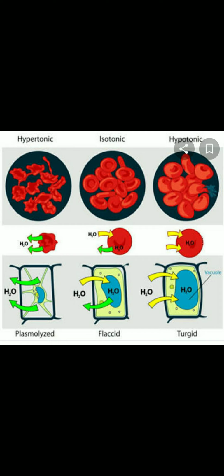But whenever we put the blood cells in the first diagram, the cells are plasmolyzed or squeezed. What happened actually? We put the RBCs in the hypertonic solution, meaning one whose water concentration is less and solute concentration is high.